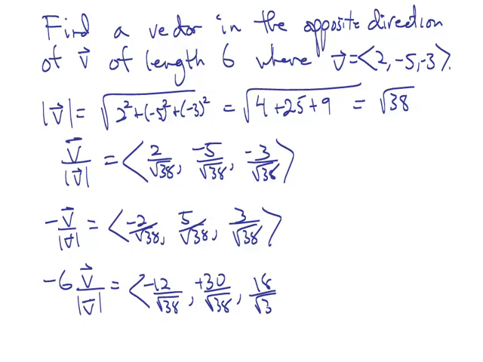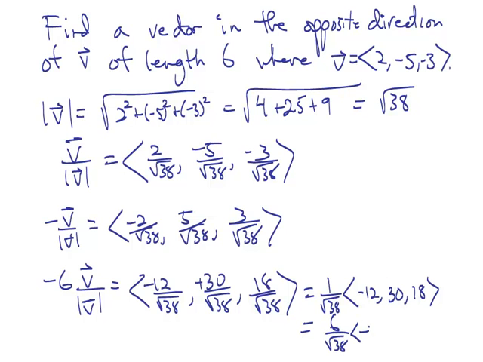Just taking that last one times 6, so the signs stay the same. And if you like, a lot of times what we'll do is leave the length out front. Negative 12, 30, 18. You can also factor things out. I mean, 6 is a common factor here, so you could say 6 over the square root of 38 times negative 2, 5, and 3. That's another way to represent it.